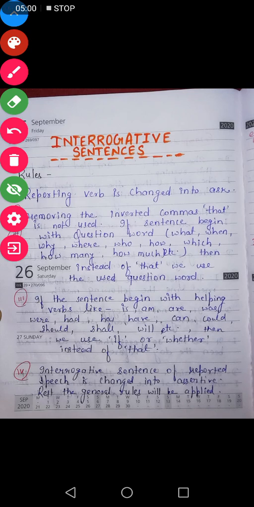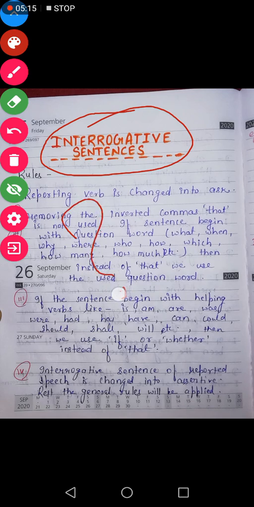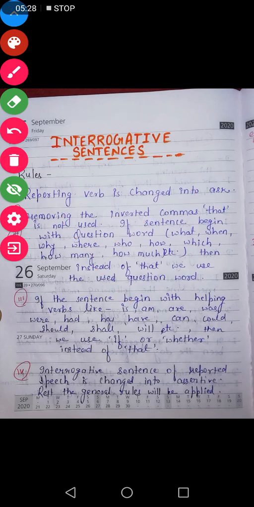First you will have to know what interrogative sentences are, and then only you can understand how they are changed into indirect, right? Any sentence that asks a question is called an interrogative sentence. Means at the end of that sentence you will get a question mark. Interrogative sentences are of two kinds.